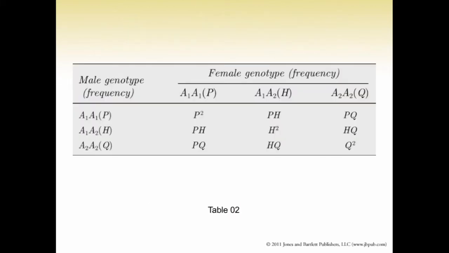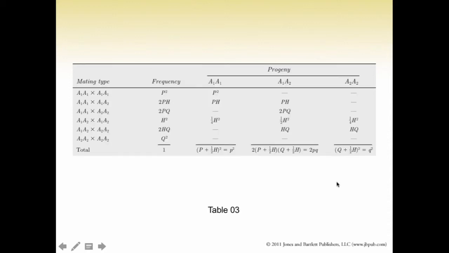So we can use P and Q to represent A1 and A2, and H to represent the heterozygote, as this table from your text does. And then we can look at the different mating types and map them out.